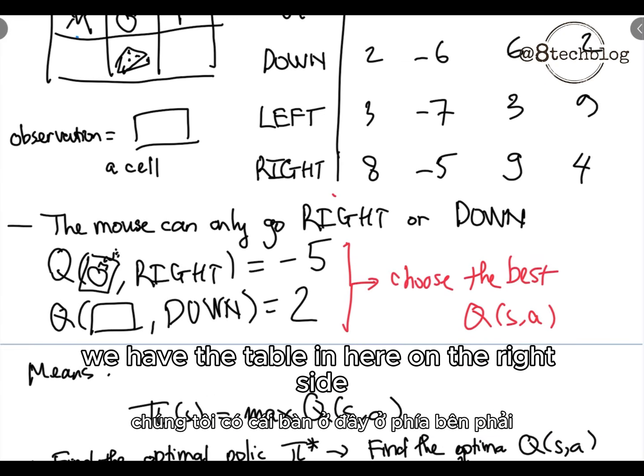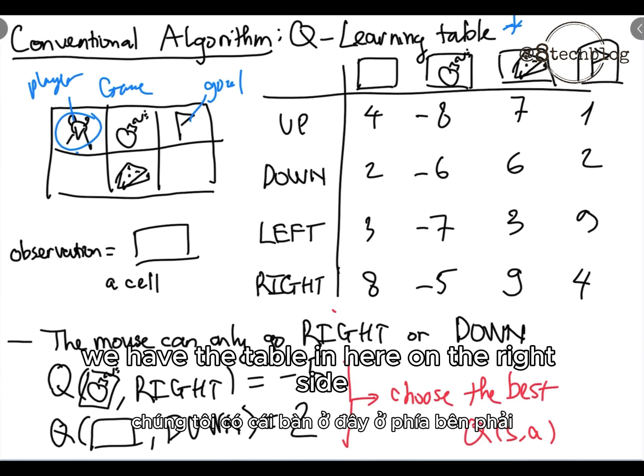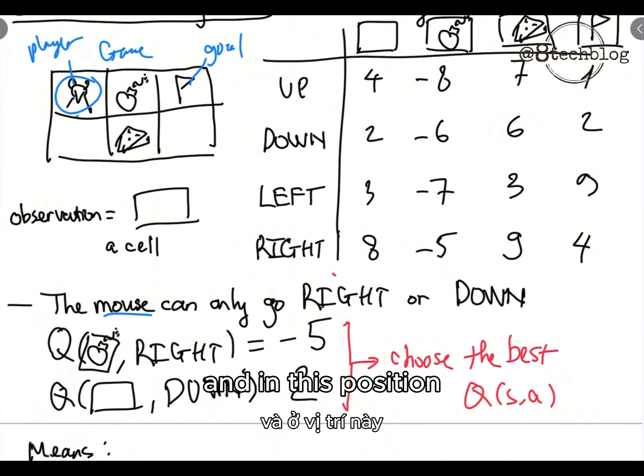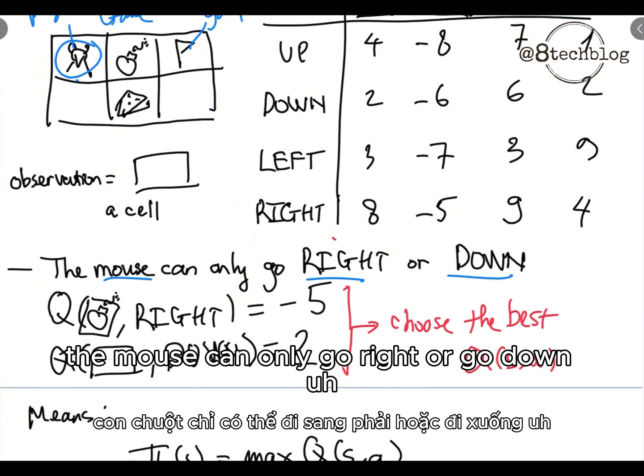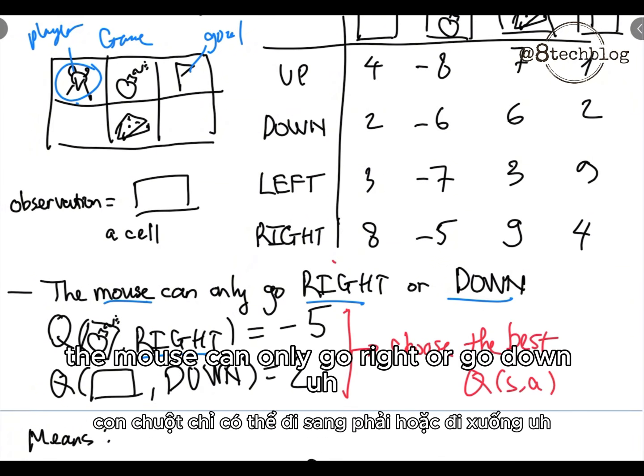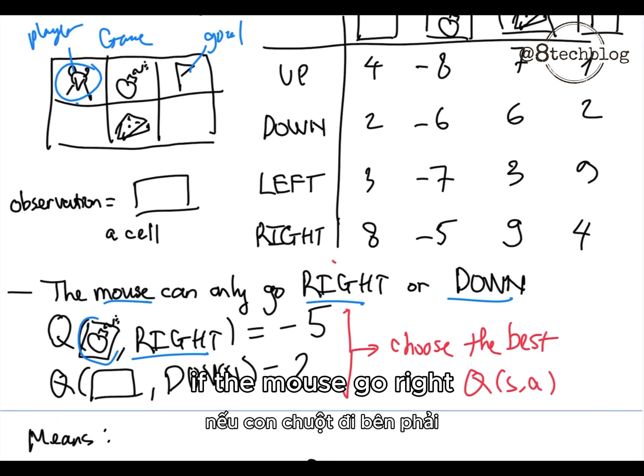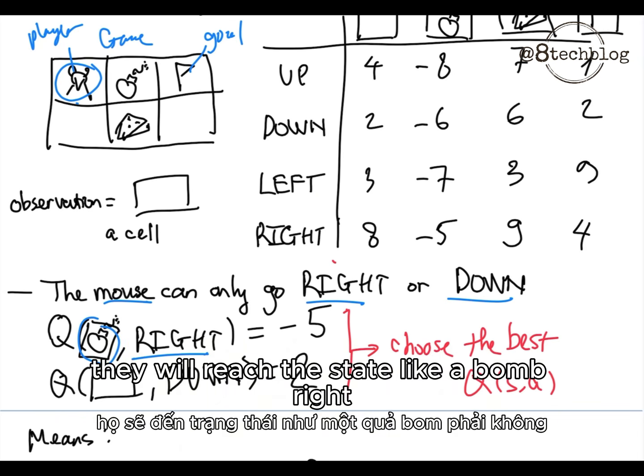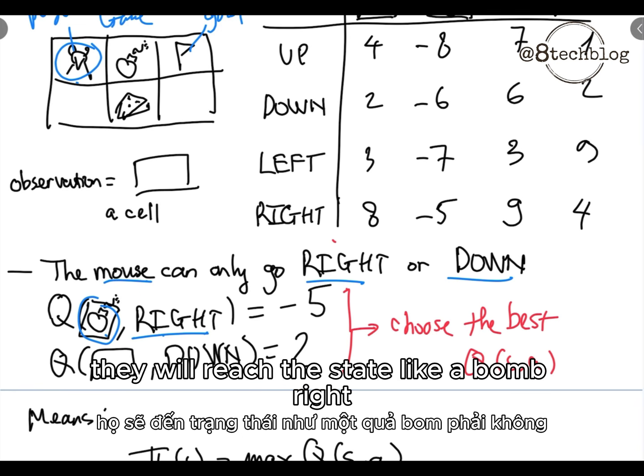And as you can see, we have the table here on the right side. In this position, the mouse can only go right or go down. If the mouse goes right, it will reach the state with a bomb, right?